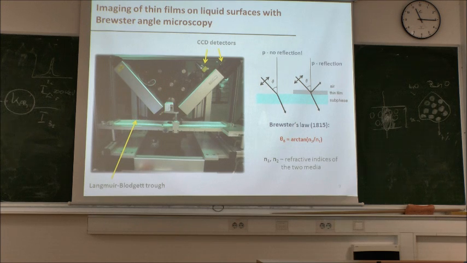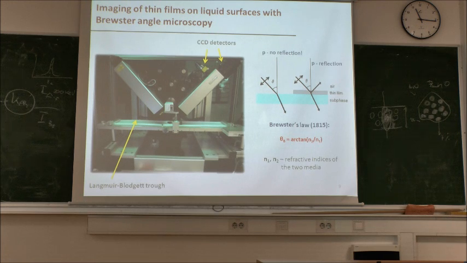In this case, a small amount of surface active molecules is deposited onto a clean water surface, and in the beginning the density of the film is so small that the molecules behave as if they are in gaseous space. But then we compress this monolayer by decreasing the surface area with the help of these movable barriers.